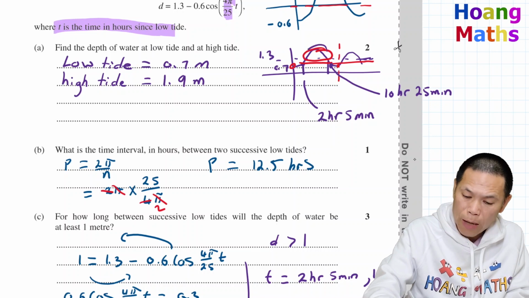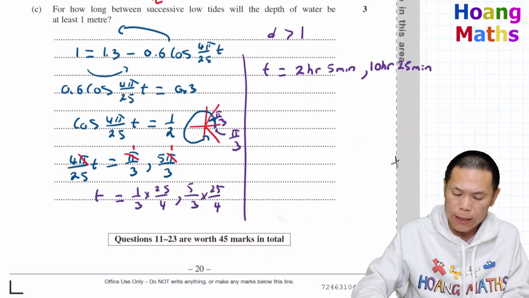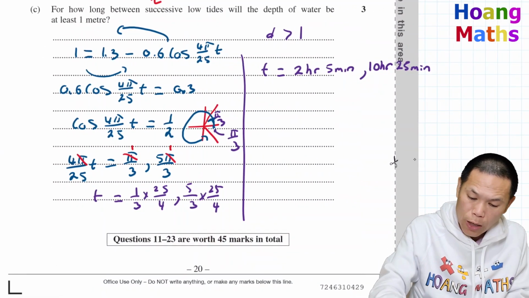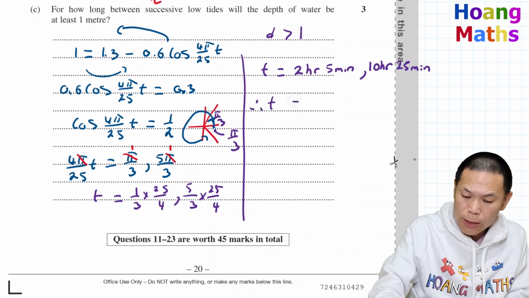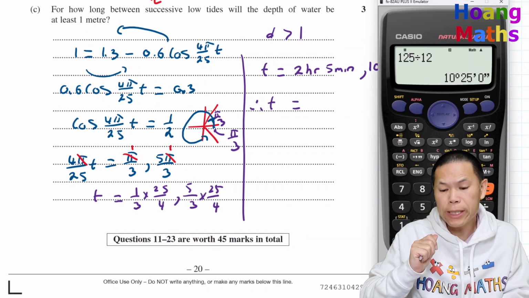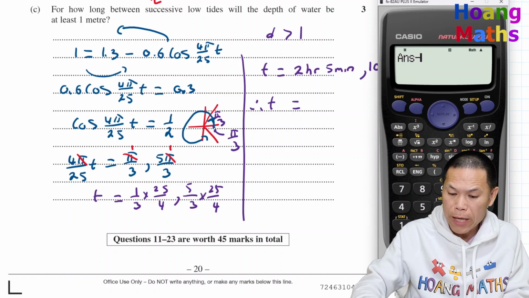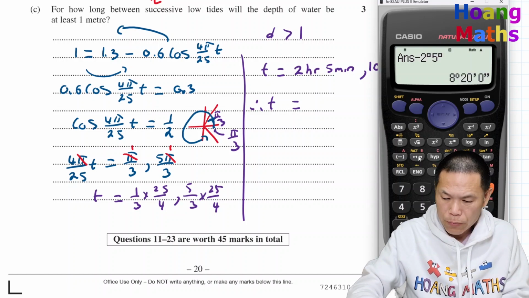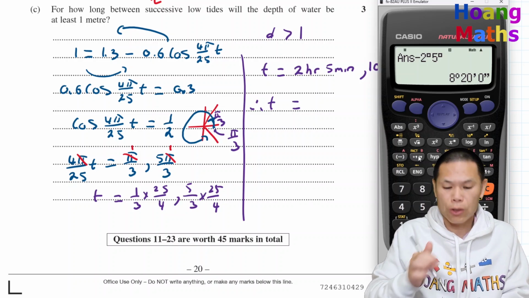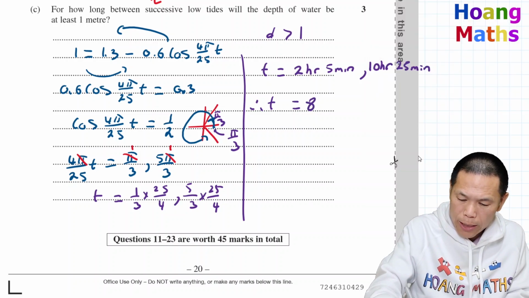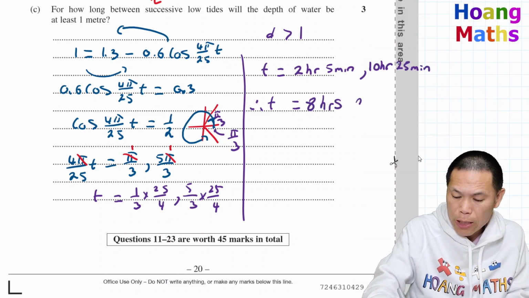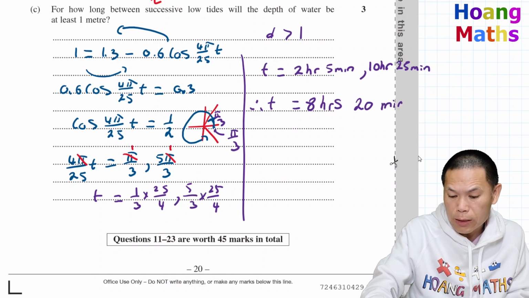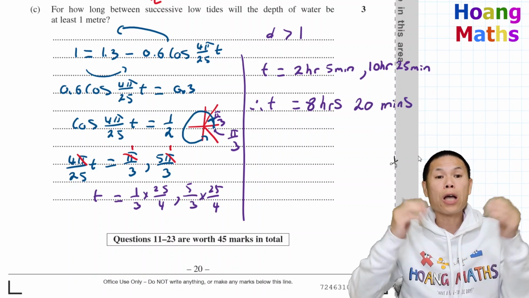Therefore, the time interval is we just subtract: 10 hours and 25 minutes minus 2 hours and 5 minutes is 8 hours and 20 minutes. So there you go.